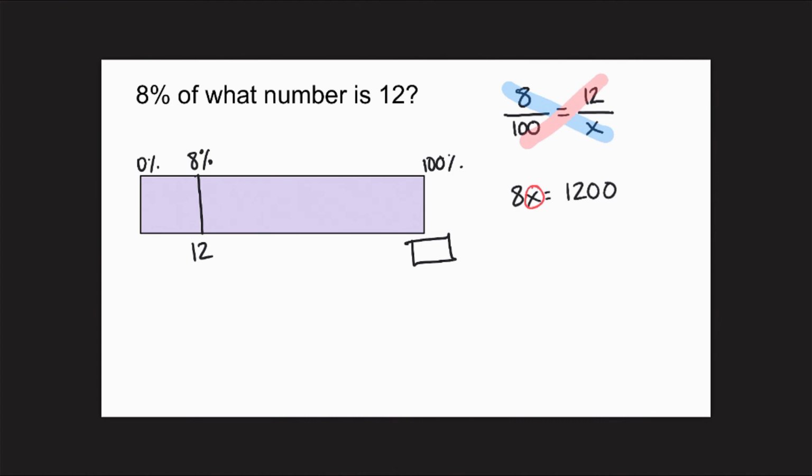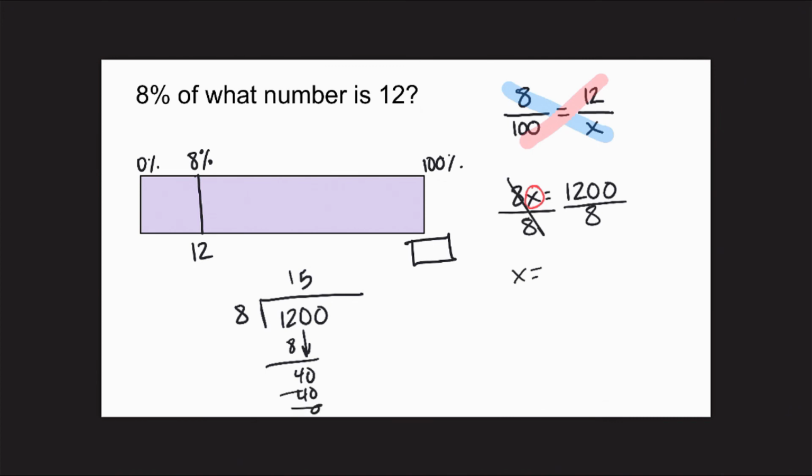Right now it's being multiplied, so we'll do the opposite to move that away. To figure that out, we're going to do 1200 divided by 8. I'm just going to do this briefly here. We know that equals 150. So my total here would be 150.